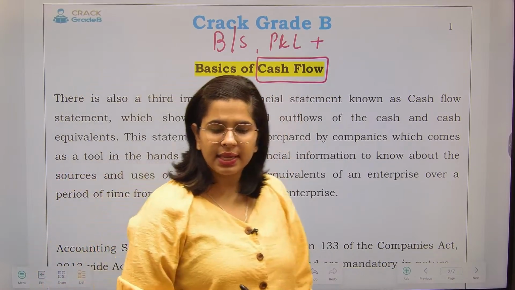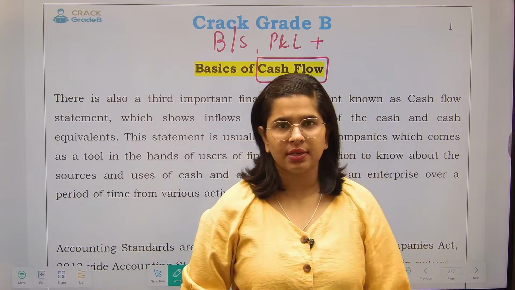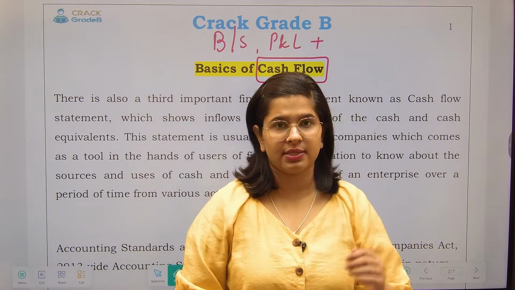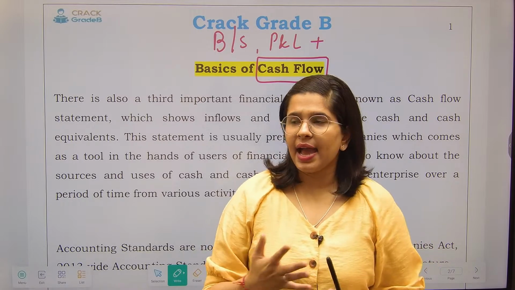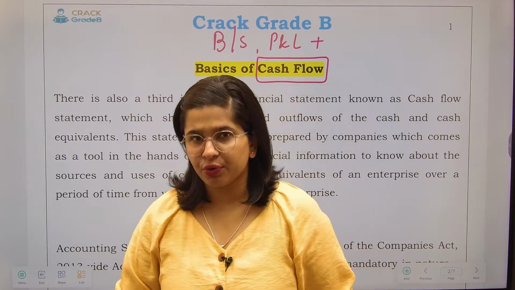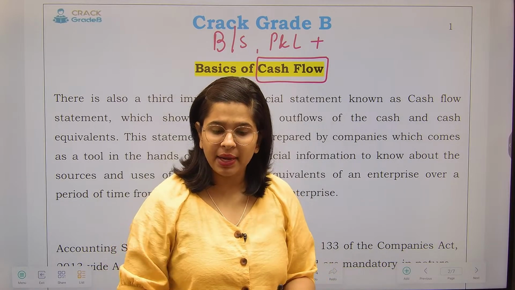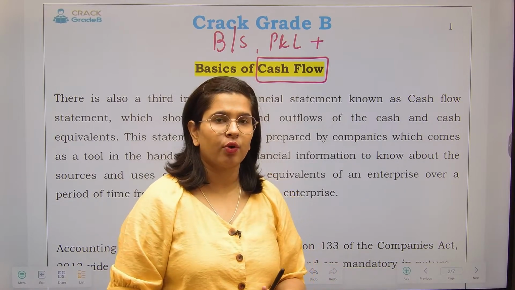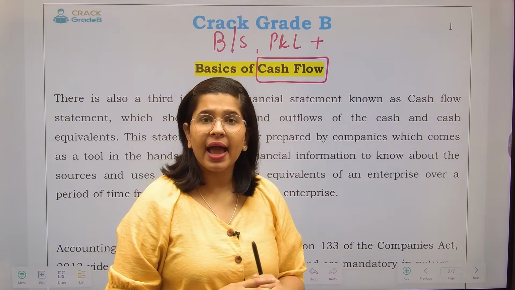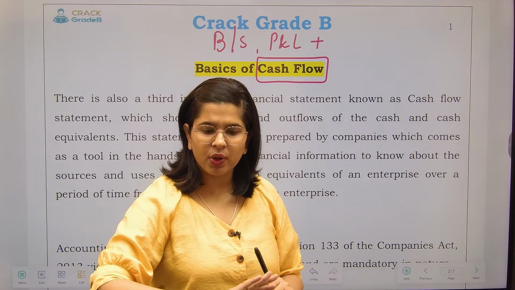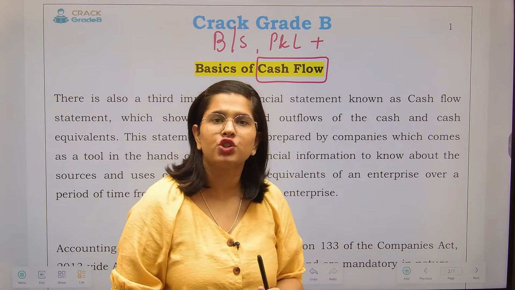Why? Because if you are an investor or a prospective investor, you would like to know that as an entity I might have shown a profit of 5 crores, right? Maybe I have shown a profit of 5 crores, but what is my cash flow position? Whether I am receiving cash or cash is going out of my business, what is the situation?